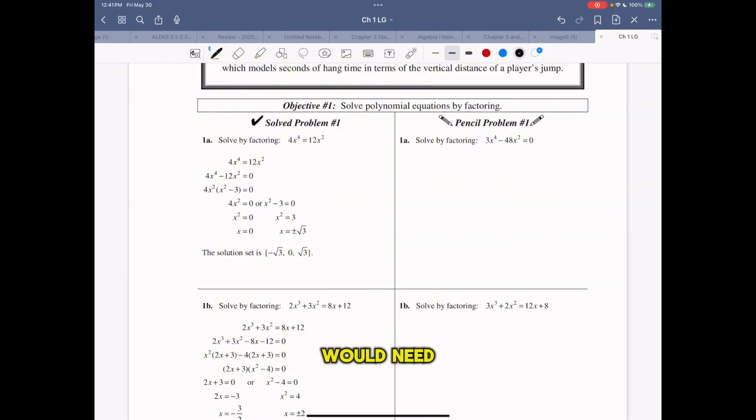With 1B, it's called factoring by grouping. What they did here is they moved this side over to the left.